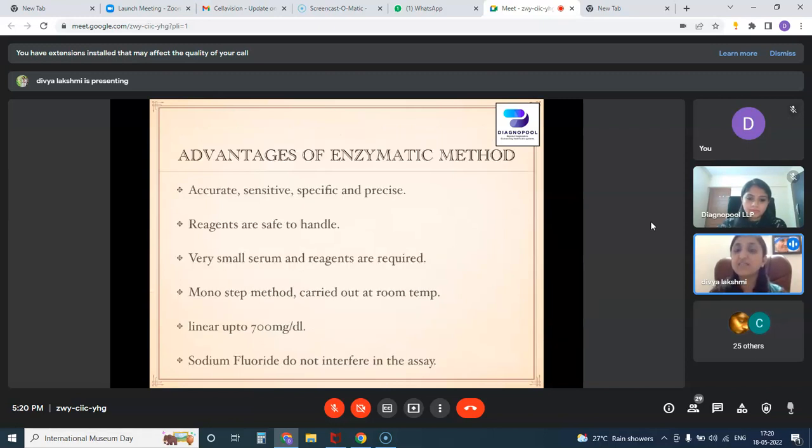Compared to the chemical methods, these enzymatic methods are more accurate, more sensitive, very easy to handle, and require very little sample. A very important advantage of this enzymatic method is that even up to 700 milligrams of glucose can be identified, and sodium fluoride also does not interfere in this assay.